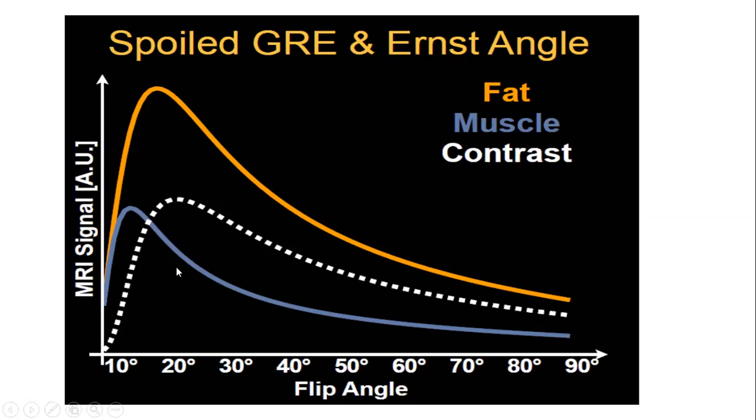And again, we should understand that the Ernst angle is directly proportional to the field strength. If you have a 0.3 Tesla machine, the Ernst angle will be different from that of a 1 Tesla, 1.5 Tesla machine and the 3.0 Tesla machine.